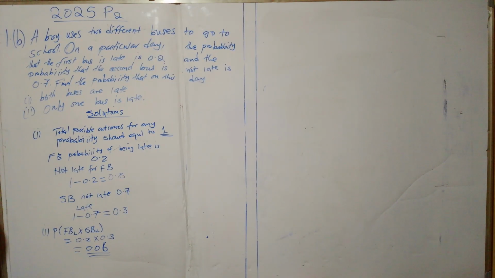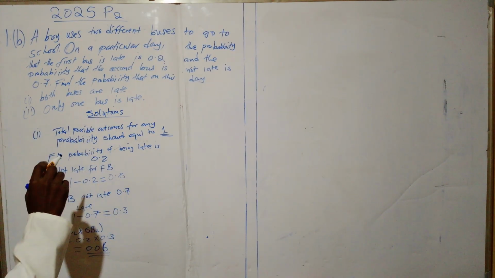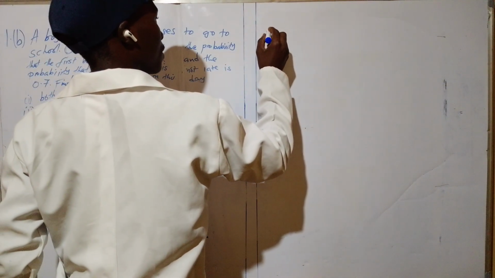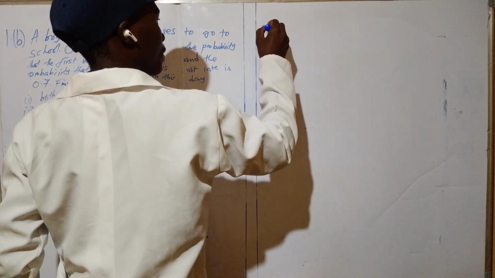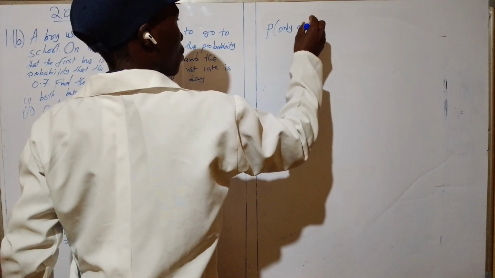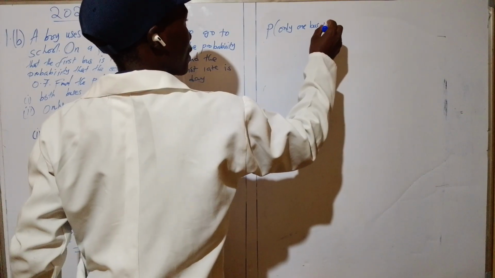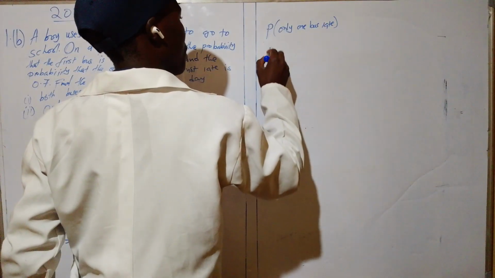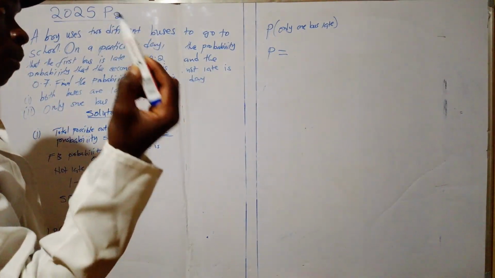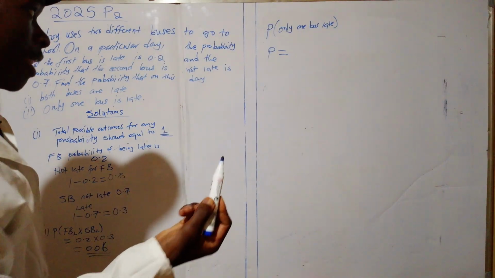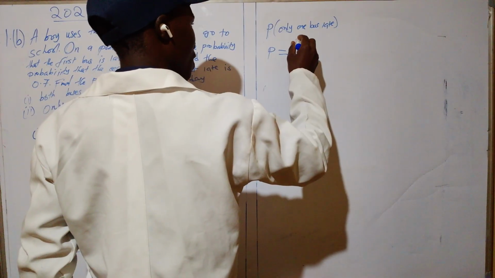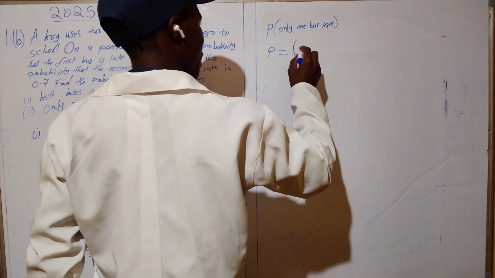What about only one bus being late? So the probability only one bus late. Here what it means is that one bus should be early and the other one should be late. So let's say for the first one, the first bus is early.